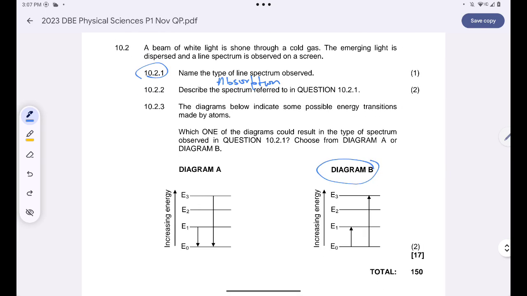Because whenever the electrons absorb energy, they will move from one energy level to another. They will just increase in their energy level. So diagram B is the one that indicates an absorption spectrum.